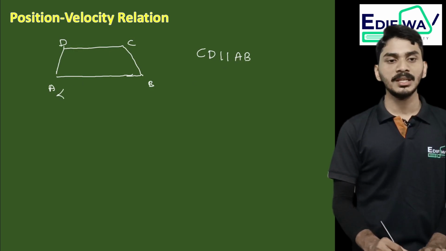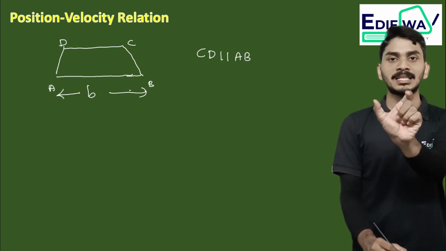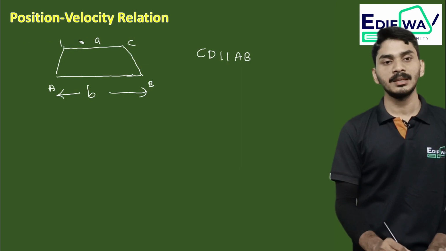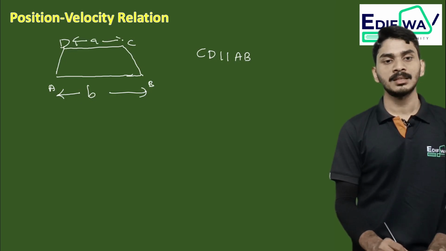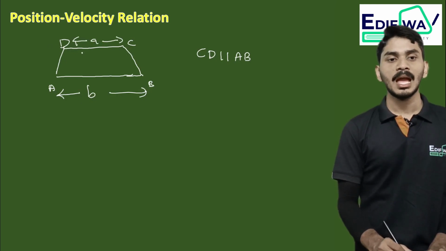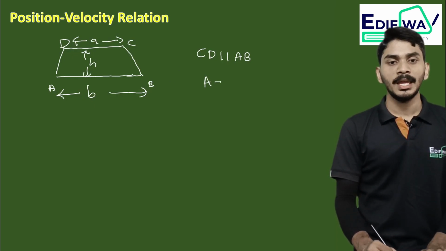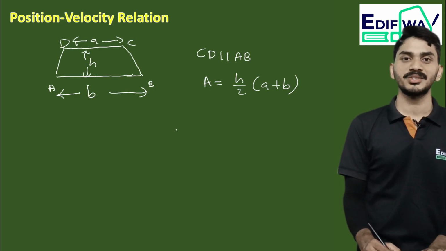Let AB be taken as B, that side is of length B, and CD have a length say A, and let the height of this trapezium be H. Then the area would be H by 2 into A plus B. You have to remember this, very important.